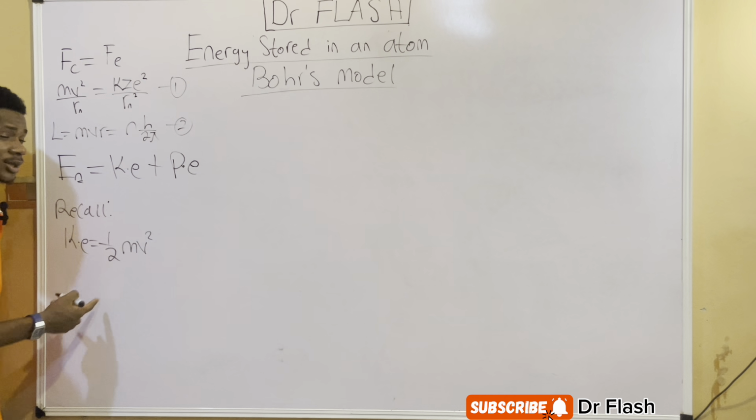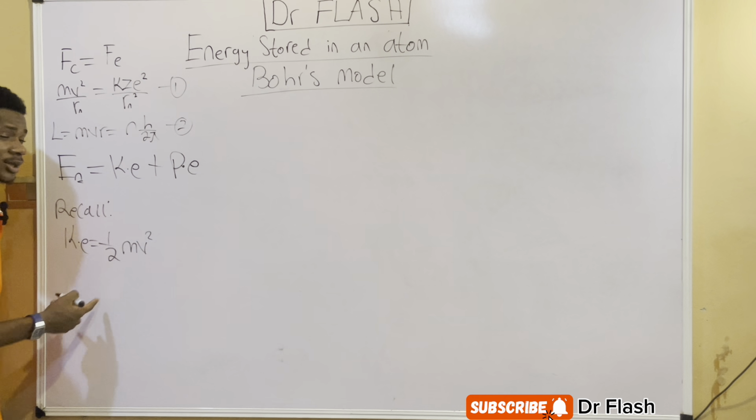Notice that r cancels r at the bottom. If we make v squared the subject of the formula, we get v squared equals kze squared divided by m rn.